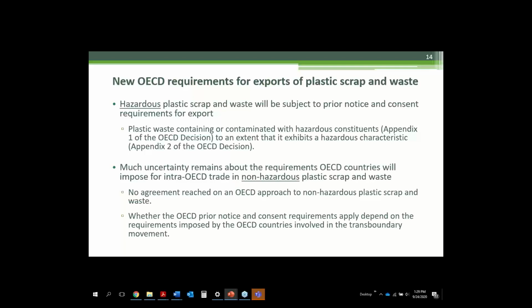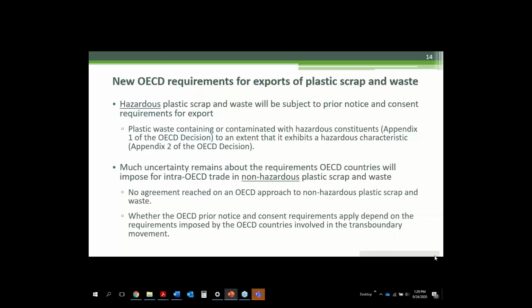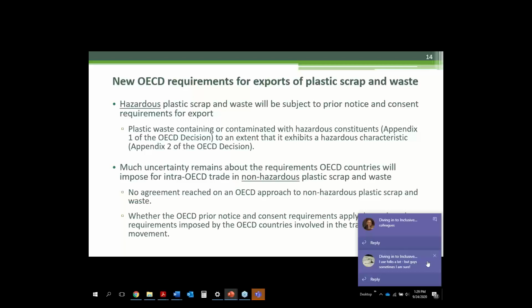And basically the way hazardous plastic scrap is defined in the OECD is you've got an Appendix 1, which is a list of hazardous constituents. And then you've also got an Appendix 2, which is a list of hazardous characteristics. For those of you who are familiar with RCRA, we've got the toxicity characteristic, reactive, corrosive, that kind of thing.